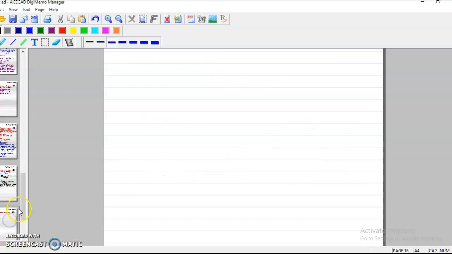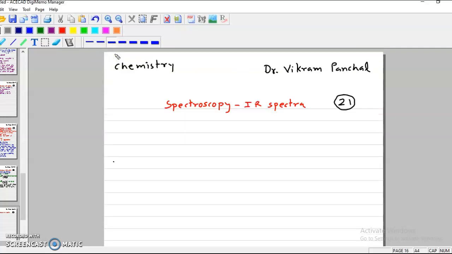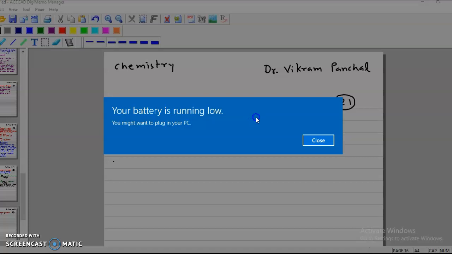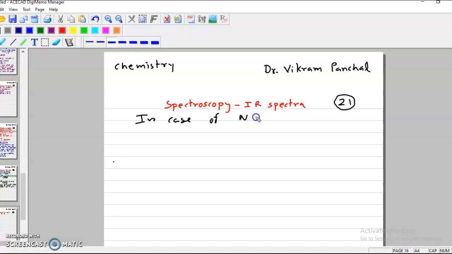In case of non-linear molecule, we'll take this example. This is ball and spring model.